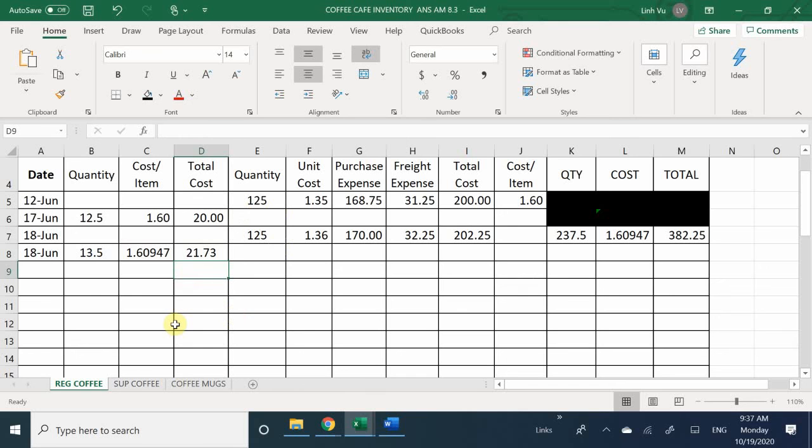Okay, so she said, yes, 21.727. So 727 makes it 73. So 21.73 is going to be that right there.